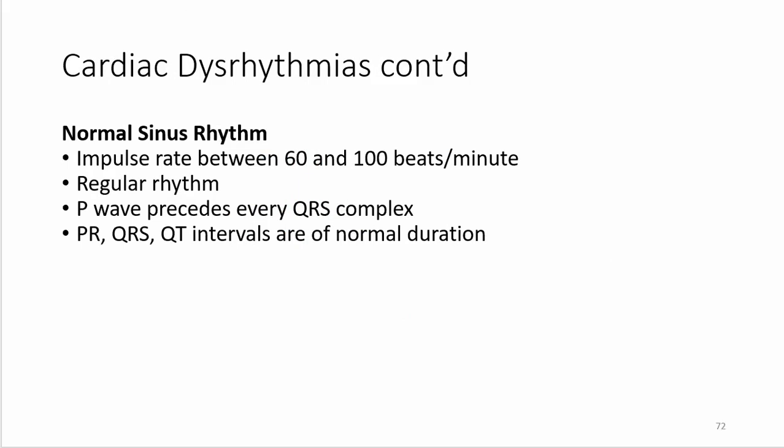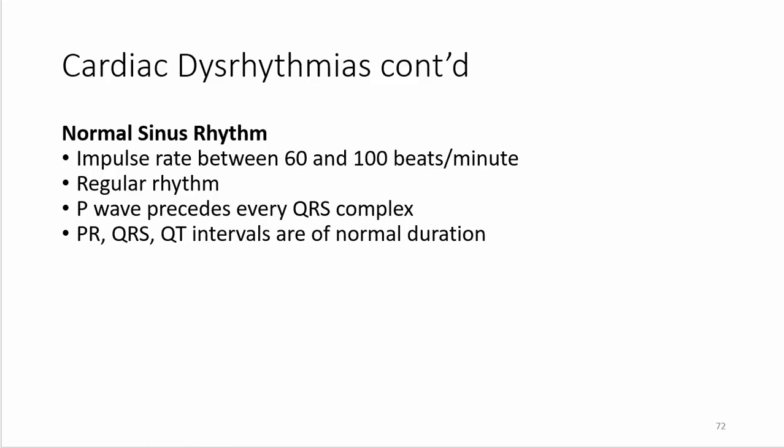So the normal sinus rhythm is kind of this thing all working properly. So it's a heart rate of between 60 and 100, depending on what shape you're in, etc., what kind of cardiac output is being demanded at the time. But importantly, the rhythm is pretty regular.